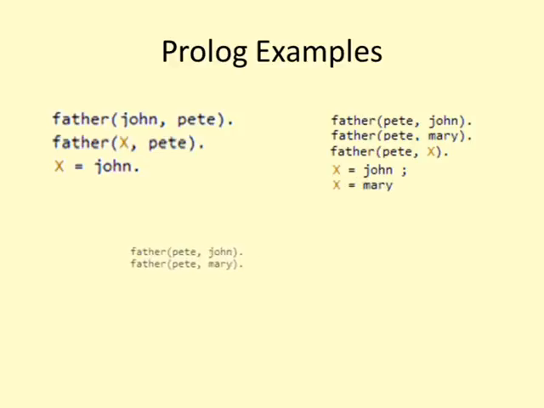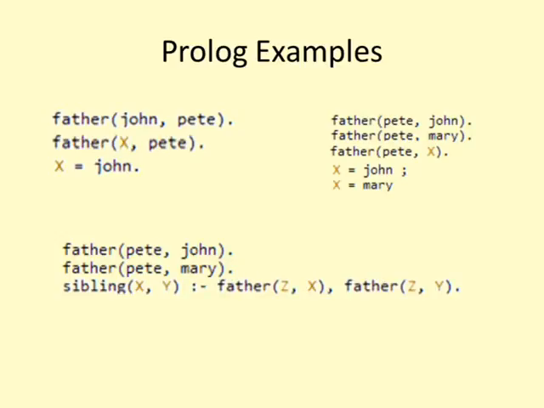The last example is father(pete, john), father(pete, mary), and we also have the rule sibling(X, Y) :- father(Z, X), father(Z, Y).